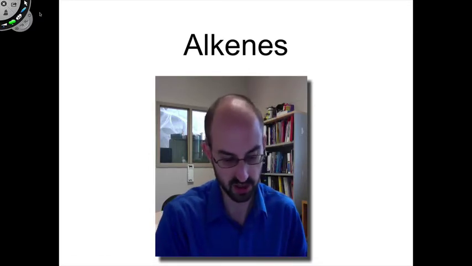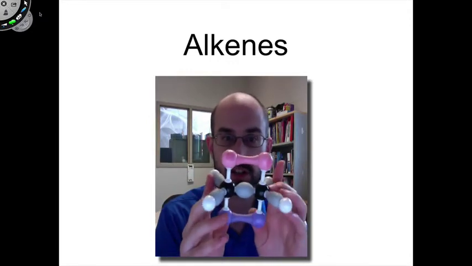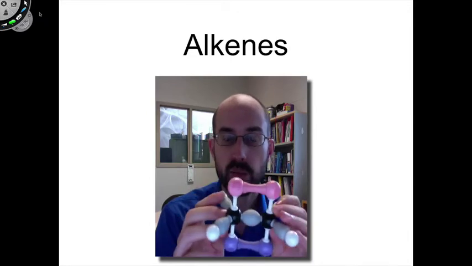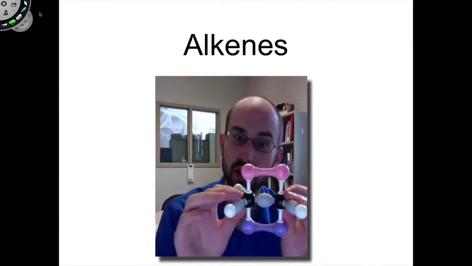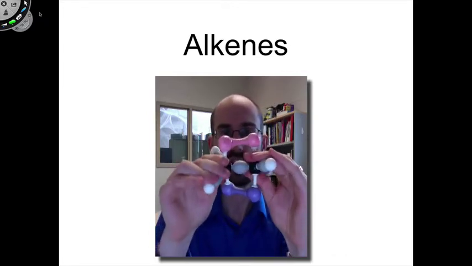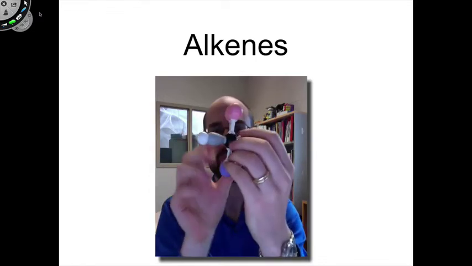Pi bonds, on the other hand, so ethylene, we talked about this the first week of class. This molecule is a plant ripening hormone. But carbon-carbon double bonds are planar and they do not rotate. You can twist the model, but you cannot rotate the bond.